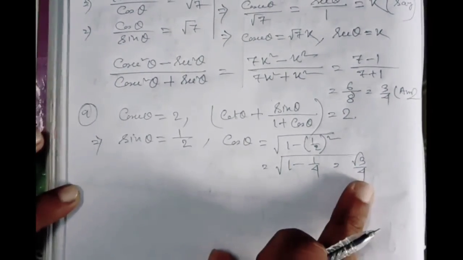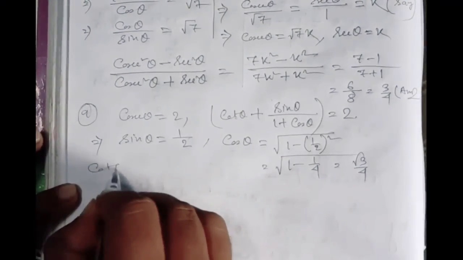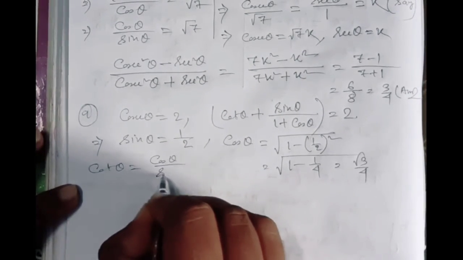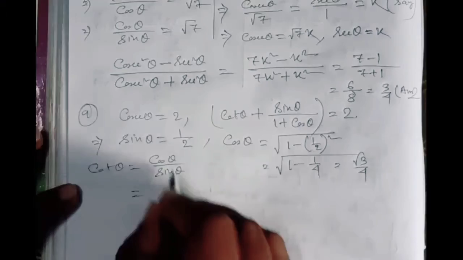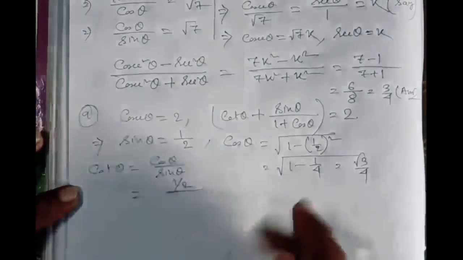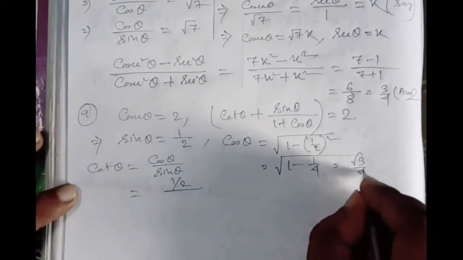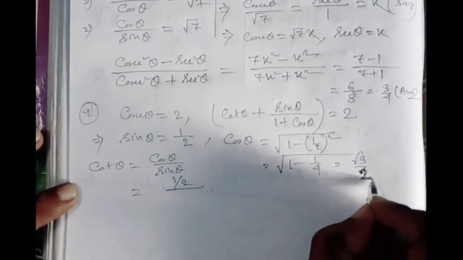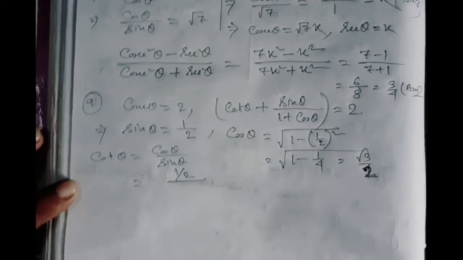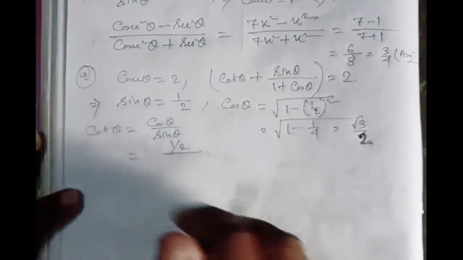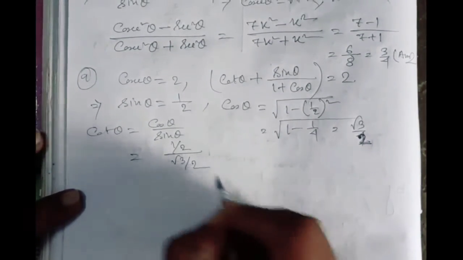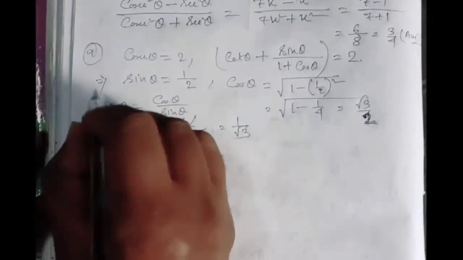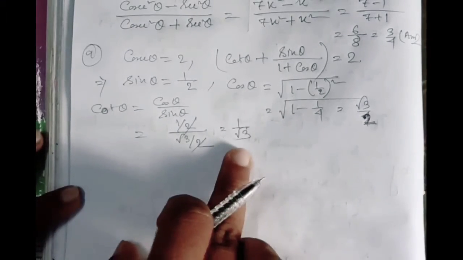This is equal to cos theta. So cot theta is equal to cos theta by sin theta. Cos theta is root 3 by 2 and sin theta is 1 by 2. Cancelling, this is root 3. So cot theta is equal to root 3, obviously.